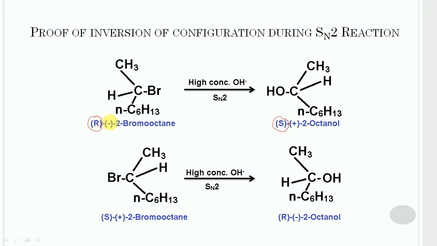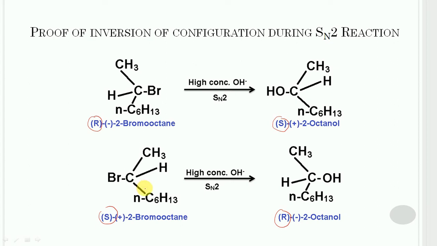So finally it has been established without any doubt that during the displacement reaction, the inversion of configuration has occurred in the product. Similarly, in the second case, hydrolysis of plus 2-bromo-octane, which has S configuration, will occur through SN2 condition in high concentration of hydroxide, which exclusively gives minus 2-octanol with R configuration.